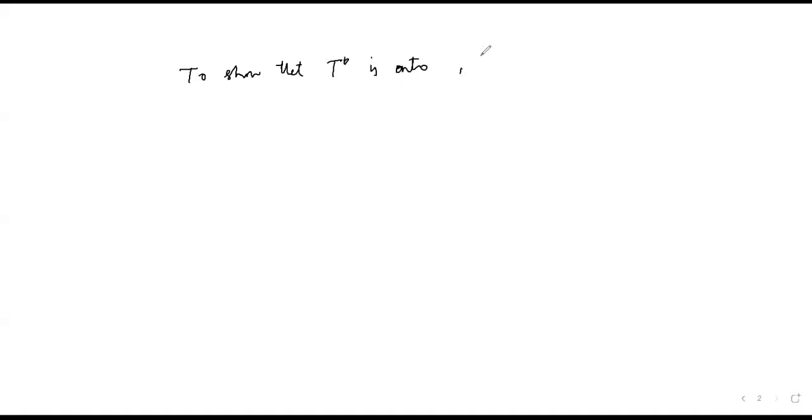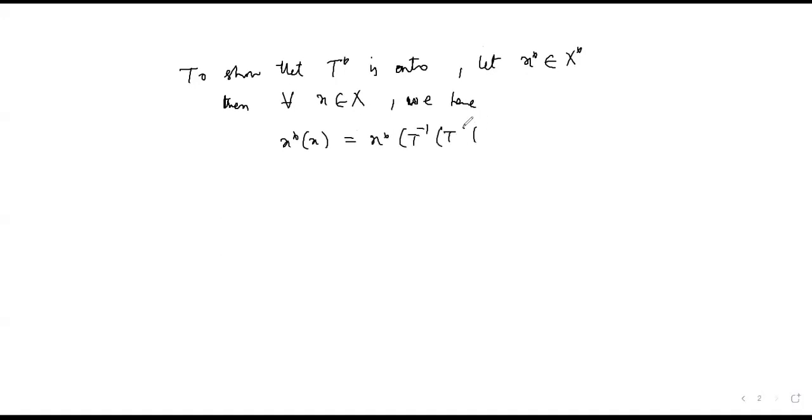T star is onto: let x star belong to X star, then for all x belonging to X, x star x can be written as, because T is a bijection, I can write it as x star T inverse of T of x.